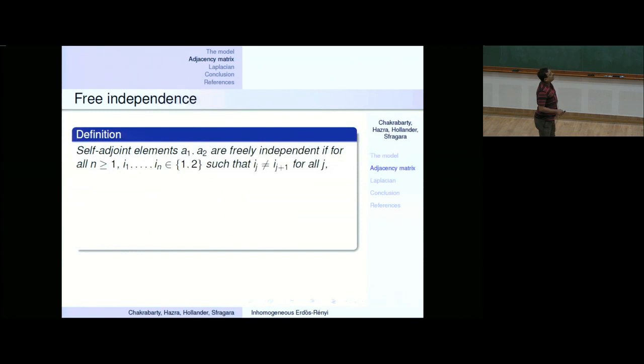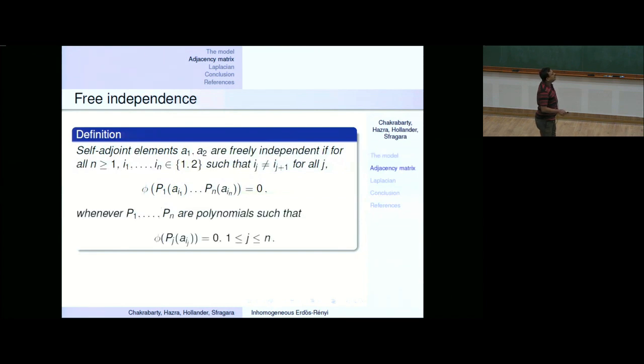And then I define free independence. So two self-adjoint elements A1 and A2 are freely independent if for all choices of n and i1, i2, ..., in in {1, 2} such that they necessarily alternate, that is, i_j is not equal to i_{j+1} for all j, you have phi of P1(A_{i1}) times P2(A_{i2}) times ... times Pn(A_{in}) is 0 whenever P1, P2, ..., Pn are polynomials such that the expectation of each of them vanishes.